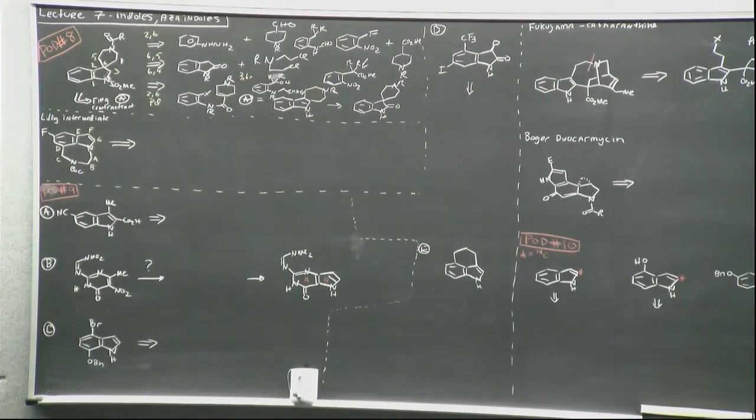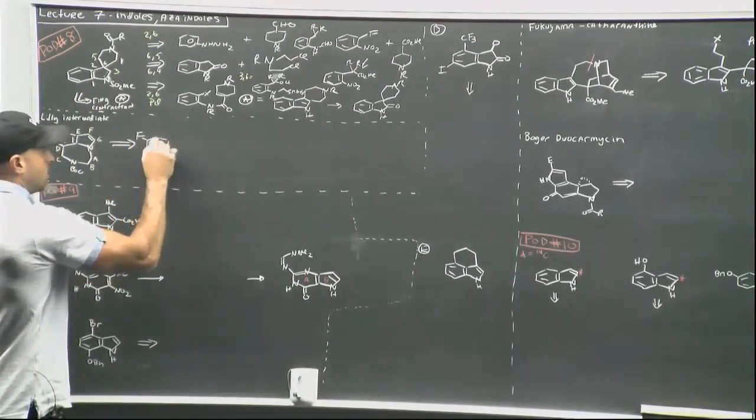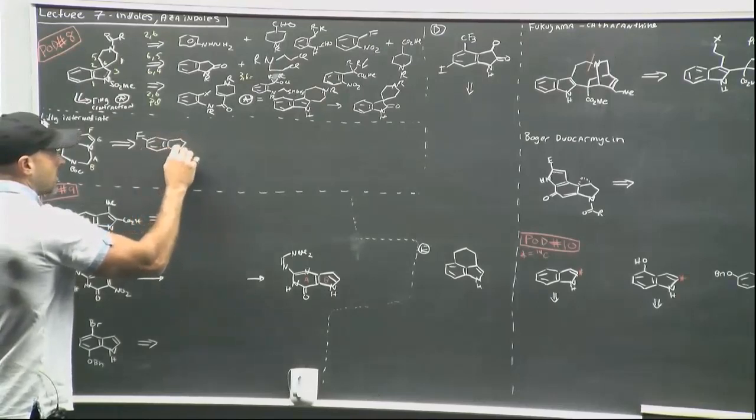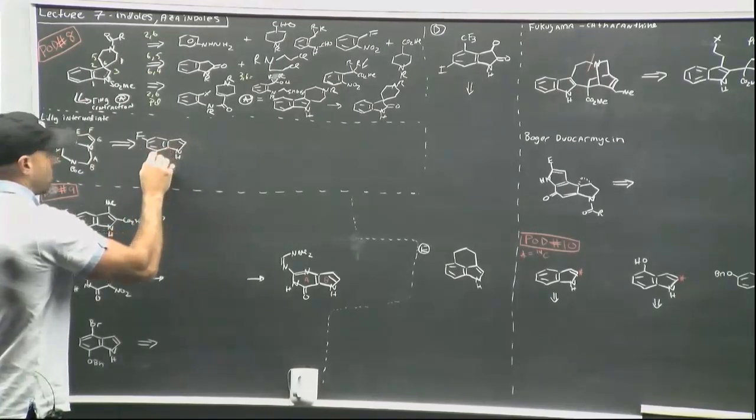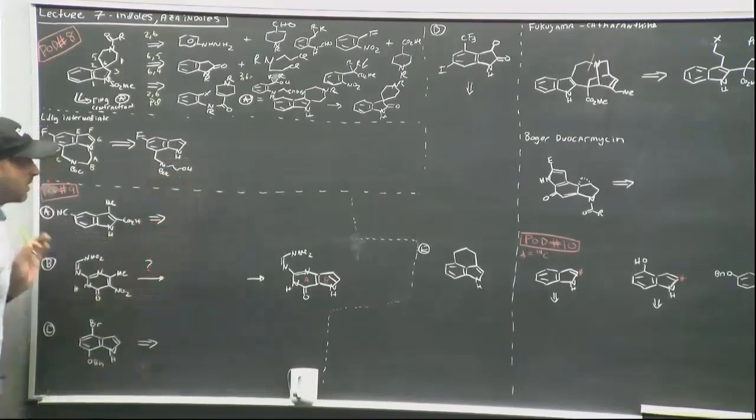Tanner, any bonds you kind of just want to get rid of right away? Can you break the indole? Wonderful. Let's get rid of it. Makes it simpler. 7-member ring is gone.